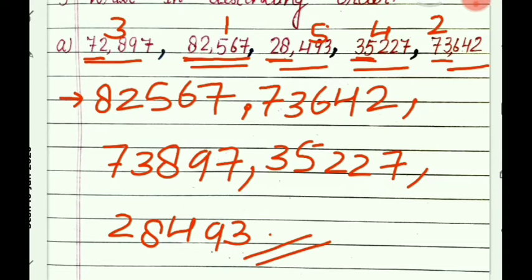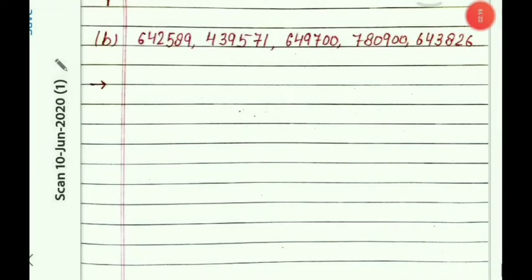Now let us see the next, 5B part. You can see here it is given, 5B part, all numbers having up to the lakh place, because all numbers, how many digits do they have? 6 digits. You can see and can check also.